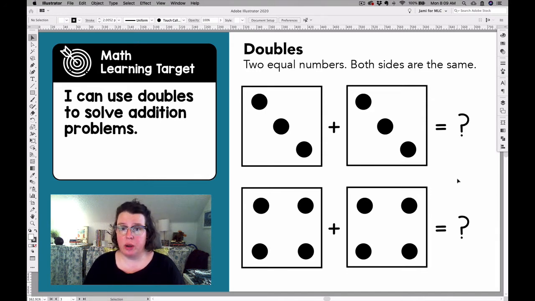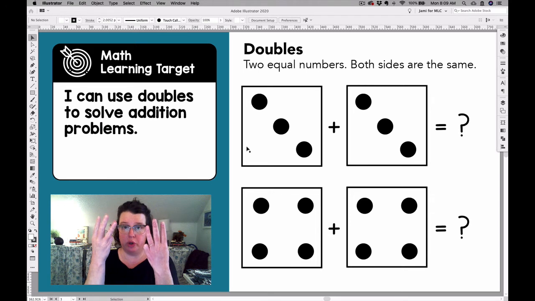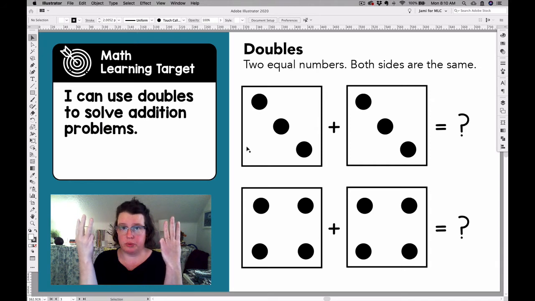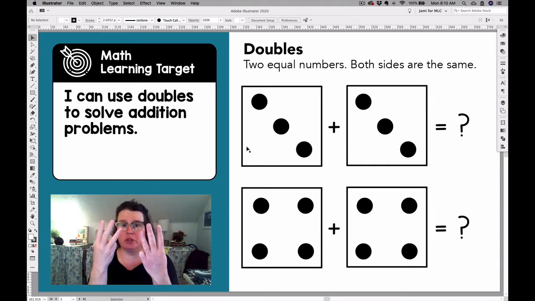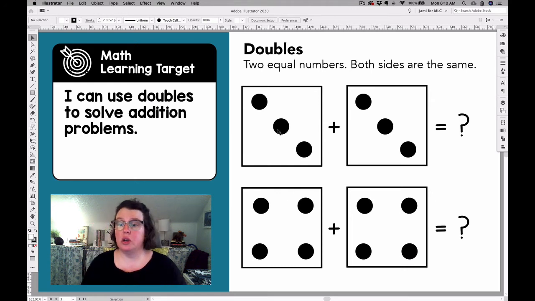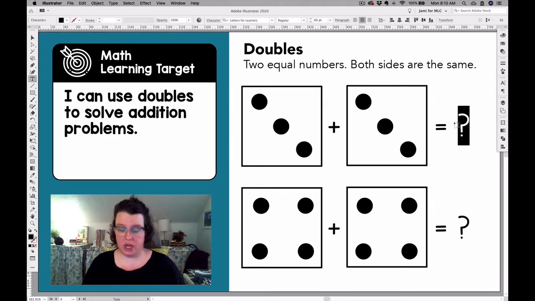All right, now that we have our 2 doubles addition problems, let's solve them. The first problem is 3 plus 3 equals, so I've got 2 groups. I've got a group of 3 and another group of 3. And because they're the same number, this is a doubles problem. 3 plus 3 equals 1, 2, 3, 4, 5, 6. 6 dots.